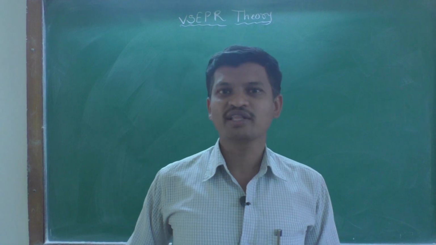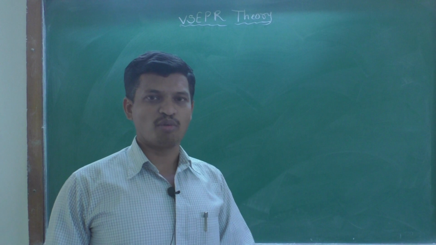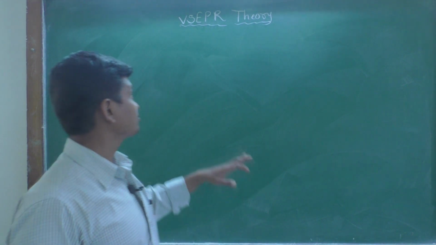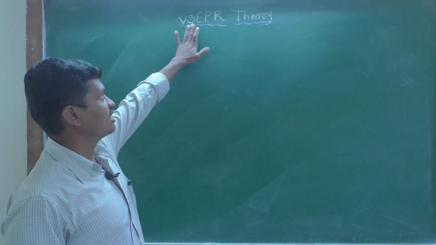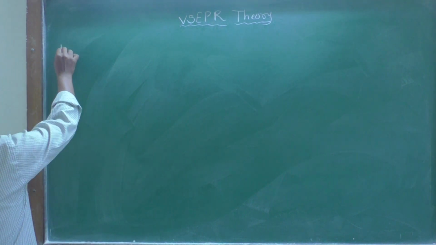So VSEPR theory is the short form, or acronym, for the Valence Shell Electron Pair Repulsion theory. Okay, so what is the long form?